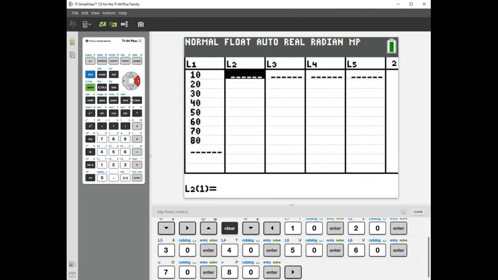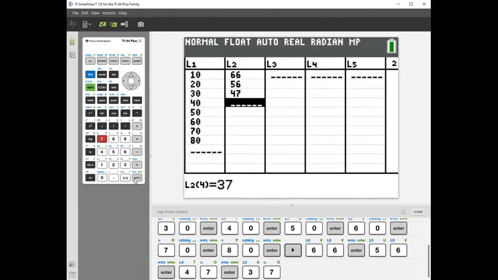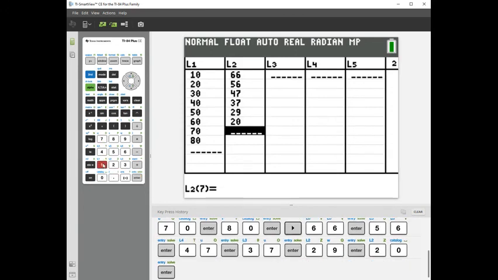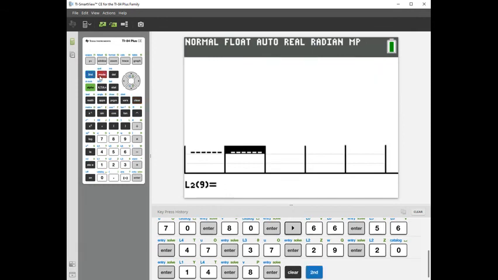Now in L2, I'm going to type in the values in the second column of the table. 66, 56, 47, 37, 29, 20, 14, and 8.